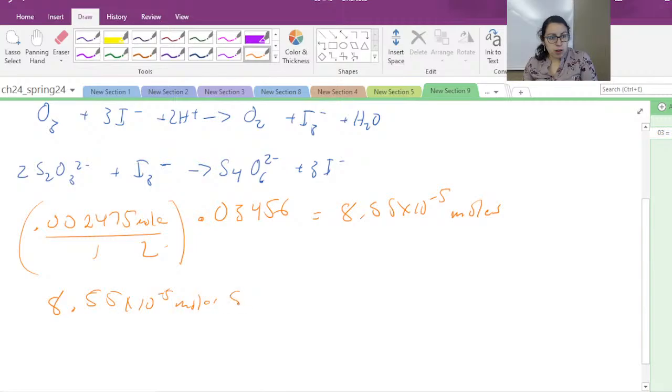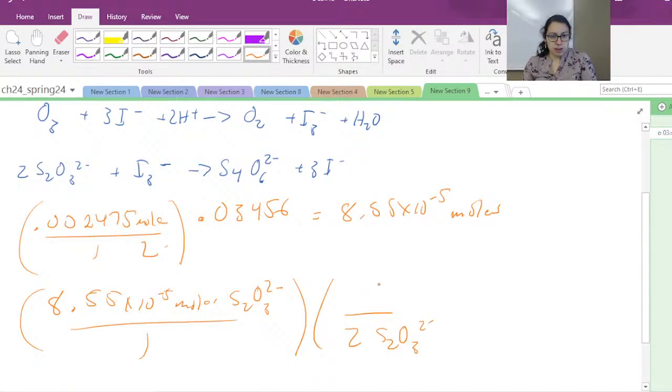So for our moles, for every 2 moles of that, we only have 1 of our iodide.